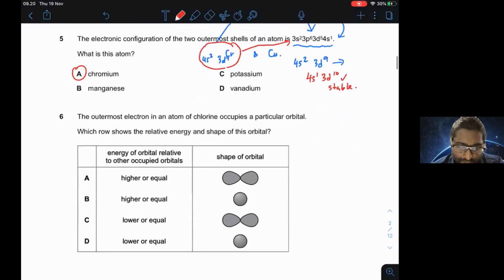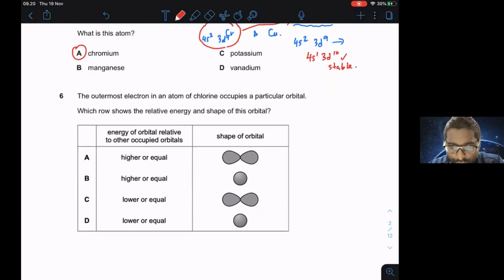The next question: the outermost electron in an atom of chlorine occupies a particular orbital. Which row shows the relative energy and the shape of this orbital? Chlorine is 17, so I write down 1s2, 2s2, 2p6, 3s2, 3p5.